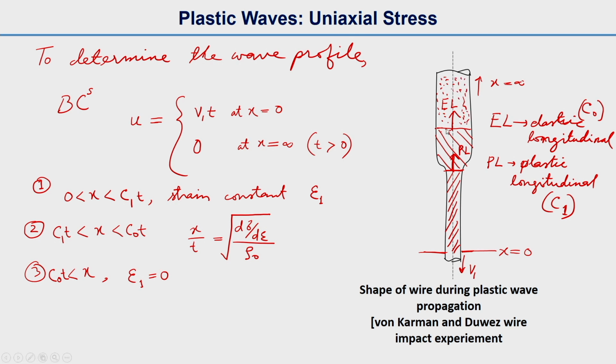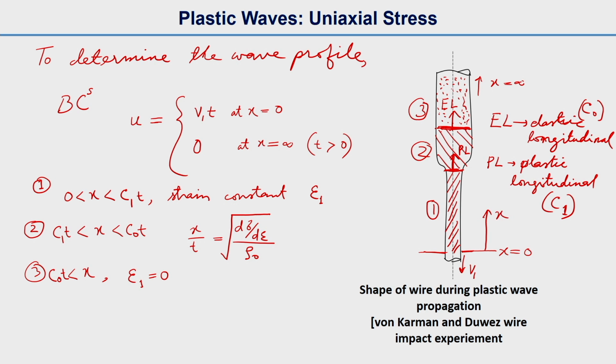That is why the strain will be equal to 0. The plastic wave, as you can see, is following the elastic wave, and that is why there are three different regions, region number 1, 2 and 3. We also know x is increasing in this direction.